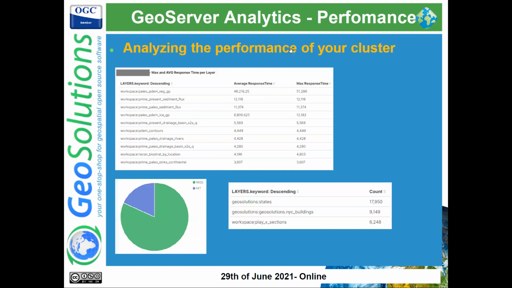Here's a closer look at the visualizations we were looking at before. If you were missing some of the details, you can take a look. Here's the pie chart, for instance, for cache hits and cache misses here in the bottom left side. Here we're looking at the most popular layers, in this case, GeoSolutions states, and response time, average and max.